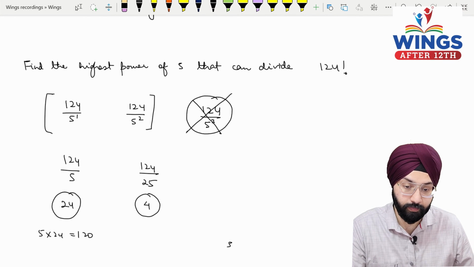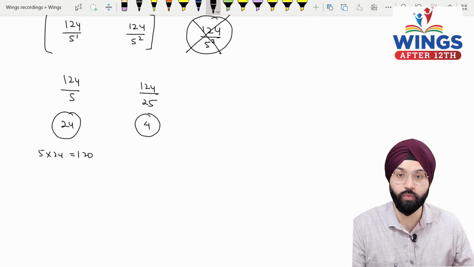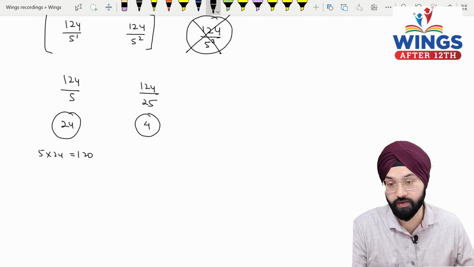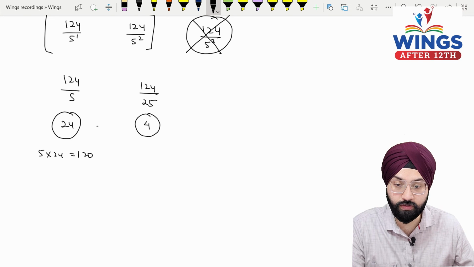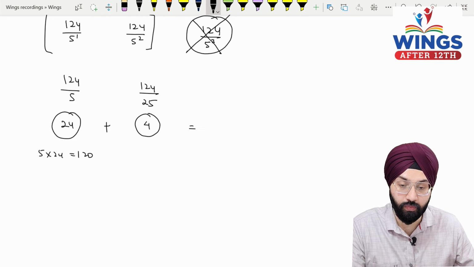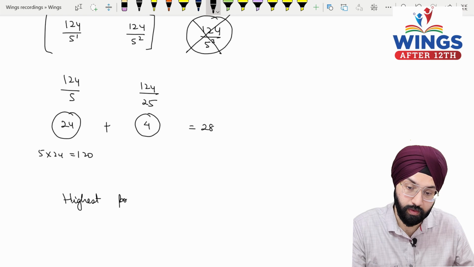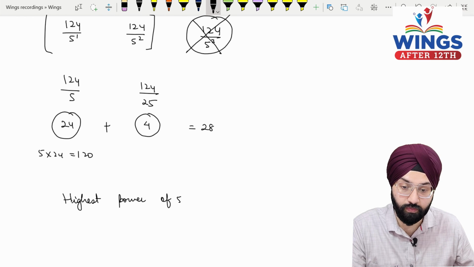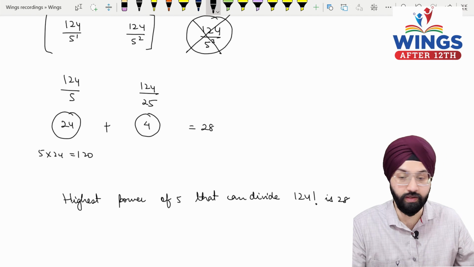So altogether, the highest power of 5 that will divide 124 factorial is 24 plus 4, that is 28. We can say 28. So the highest power of 5 that can divide 124 factorial is 28.